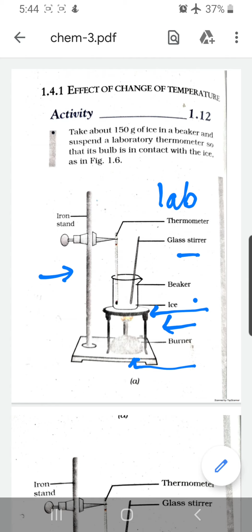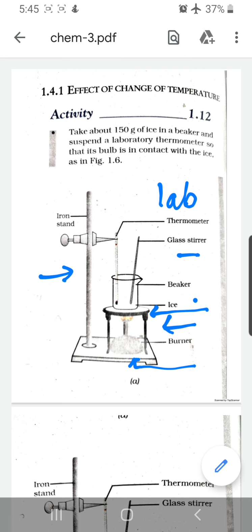We find that even when we are further heating the ice in the beaker, the temperature in the thermometer does not change its reading. It becomes constant. We are going to find out why this is, and what happens when we start heating the solid state. Here in this particular experiment, we are referring to the example of ice.